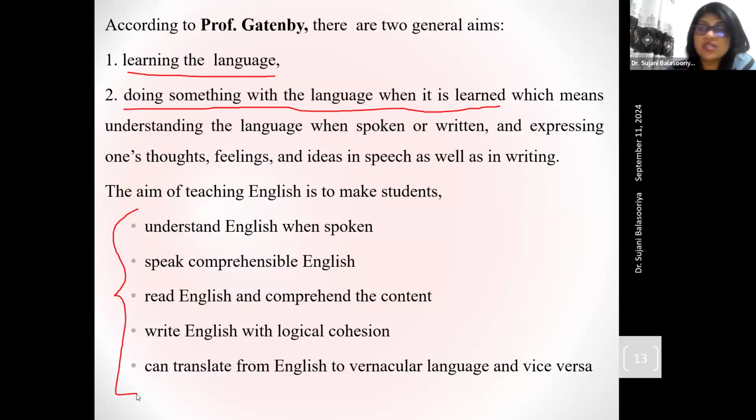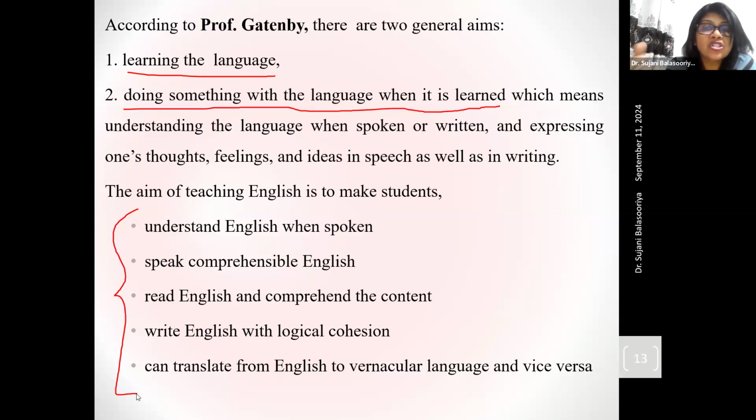Understand English when spoken, and speak comprehensible English. Comprehensible means understandable English. When the teacher is teaching English to the students, what is expected?